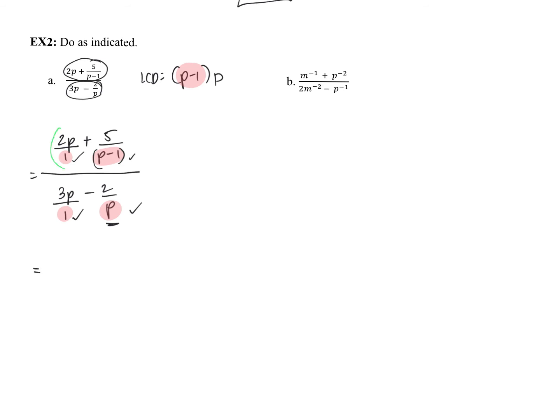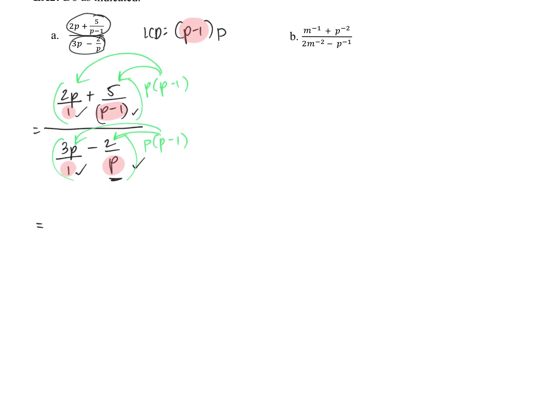Alright, so what do we do with our common denominator? The building up property. Go ahead and multiply the top by p times p minus 1, and the denominator by p times p minus 1. Once I do that, I can go ahead and distribute to each term, and remember the hope is that I cancel the mini fractions.